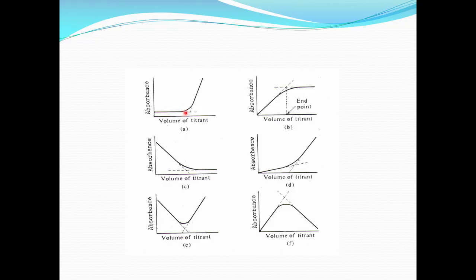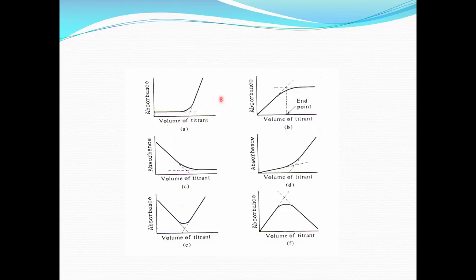After some time, when all the reactant is consumed, there is going to be some sort of a color complex formation, and the color complex formation keeps on increasing, and the titration end point of this would be obtained by extrapolating the straight line portions of this, very simple.